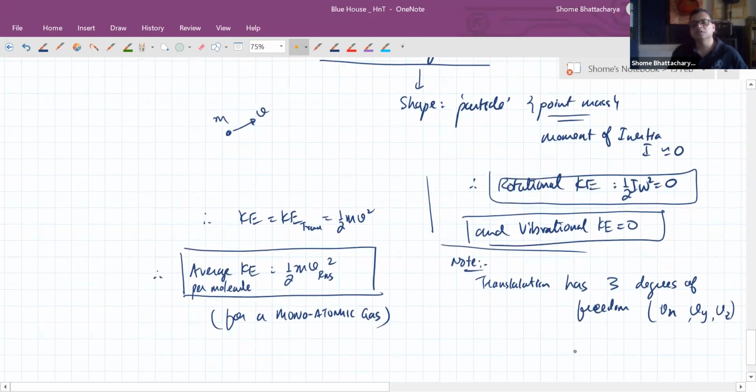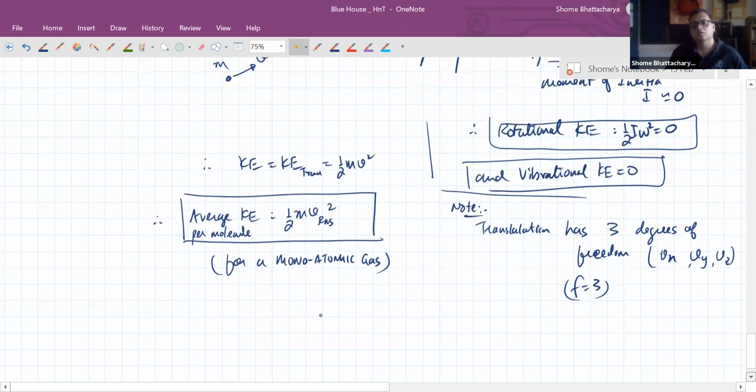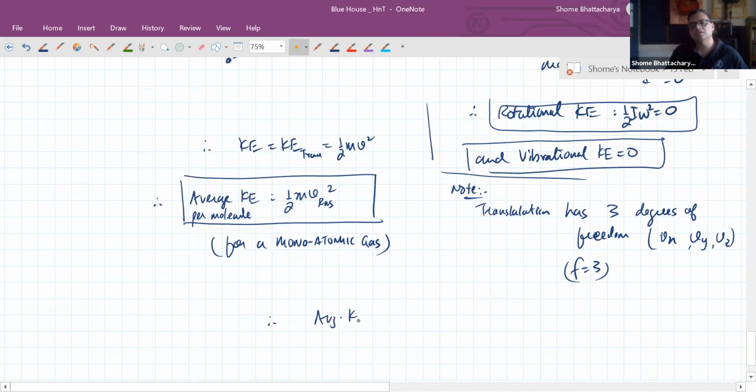So in that language, we say that small f is equal to 3. So the average kinetic energy per molecule will become 3 times 1 by 2 kT, or 3 by 2 kT.